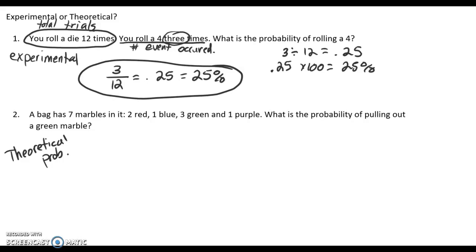A bag has 7 marbles in it, 2 red, 1 blue, 3 green, and 1 purple. What is the probability of pulling out a green marble? So we're finding green marble, so I'm going to underline 3 green because that's important information. And I always like to circle the total. So this is possible outcomes.